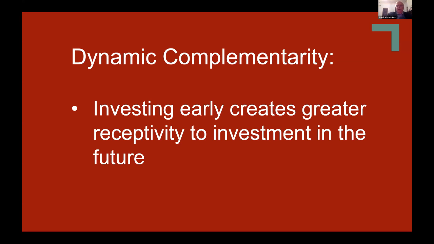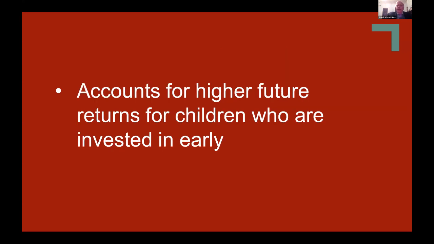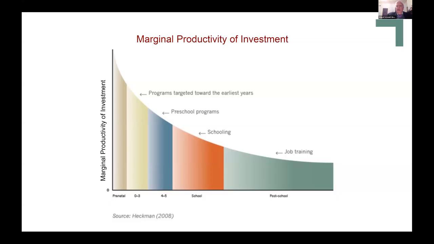Now, and I'll stop very shortly. That dynamic complementarity is the concept that investing early creates greater receptivity to investment later in the future. It accounts for the higher future returns for children who are invested in early.